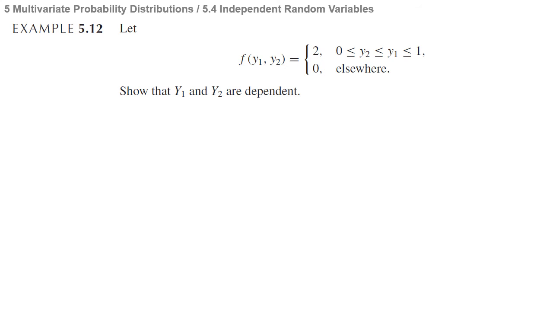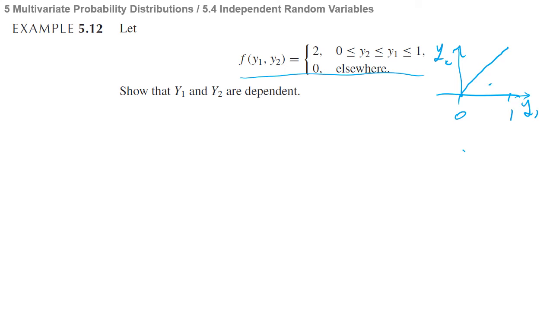And let's move on to example 5.12. Let f(y1, y2) be like this, and show that y1 and y2 are independent. This time f(y1, y2) is defined on y1 and y2 from 0 to 1, and also y2 is less than or equal to y1.